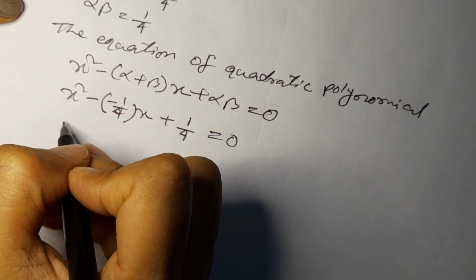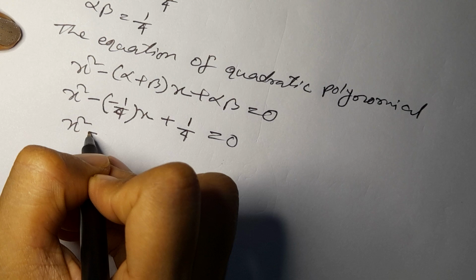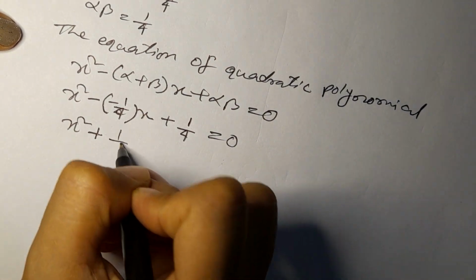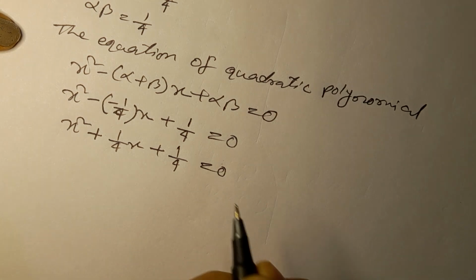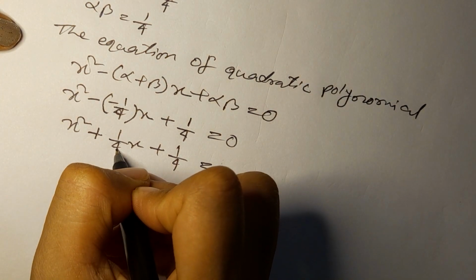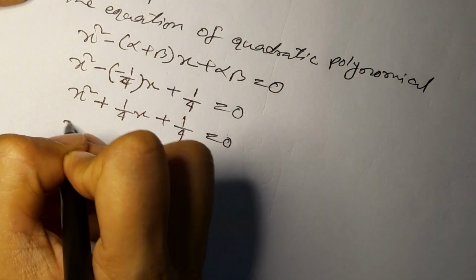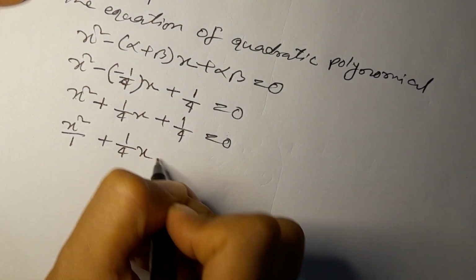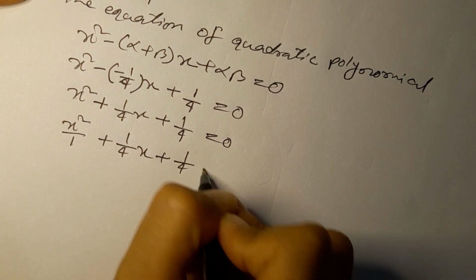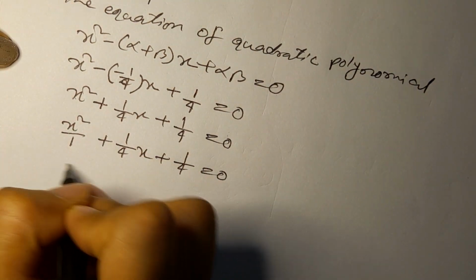Now remove the bracket: minus into minus will give plus, so x square plus 1/4 x plus 1/4. Now these two are rational numbers but x square is not, so make it rational by dividing it by 1. So x square divided by 1 plus 1/4 x plus 1/4 equal to 0. Now all are rational numbers and it will be addition.